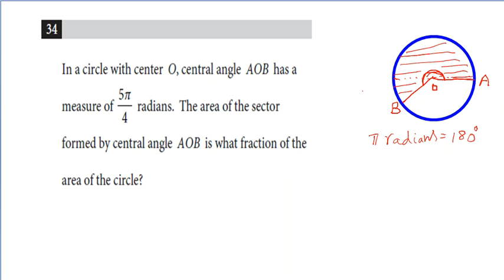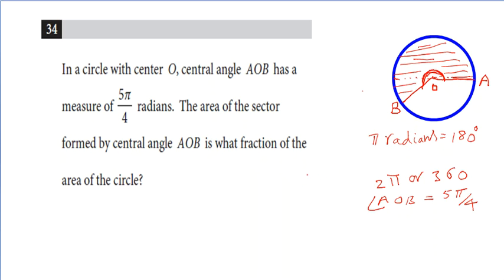That's 2 pi or 360 degrees is the complete circle, whereas angle AOB is only 5 pi by 4. So the area itself gets split at the same ratio as the angle itself. It's fairly clear intuitively. If this angle is more than 180, this area is going to be more than half. How much exactly would it be?